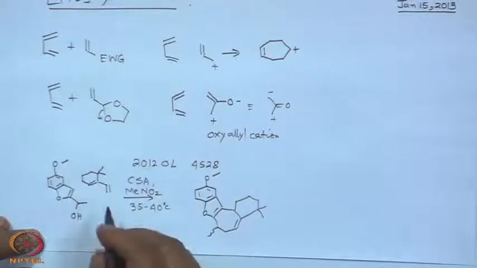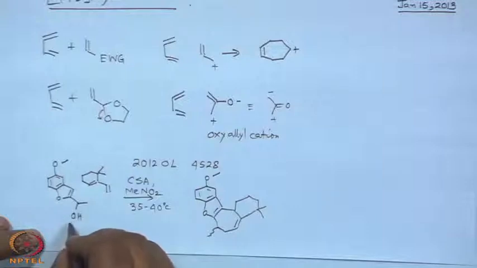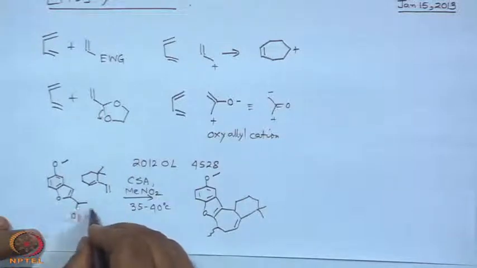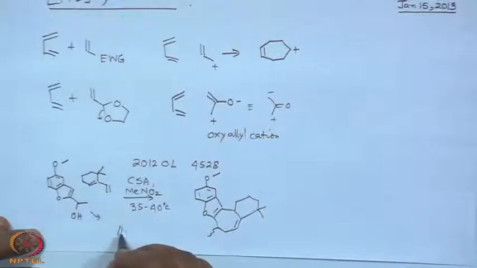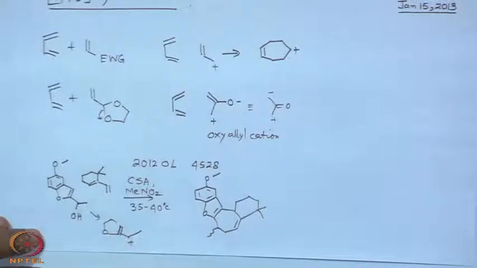What you can do, you can think about as if this is forming the carbocation here, this carbocation here, right. So, that means you have a pi system, you have a carbocation here, and then what?